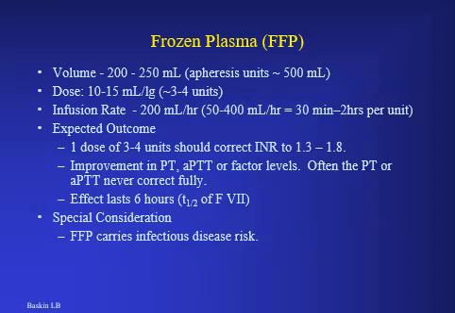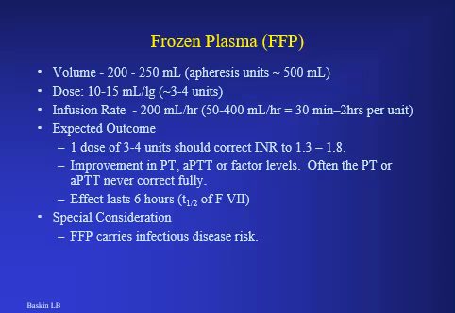Now, plasma ought to be infused at approximately 200 mils per hour, and this could vary some, but up to about 2 hours per unit, like most of the other components we transfuse. And the expected outcome is improvements in coagulation and improvements in the lab tests that measure or approximate coagulation, but note that they may never correct fully.